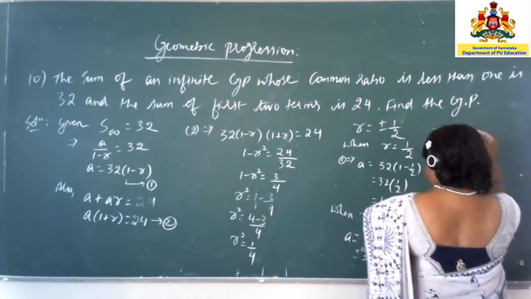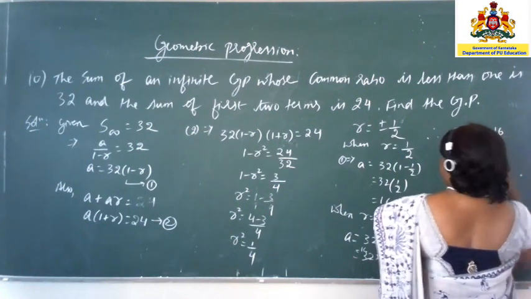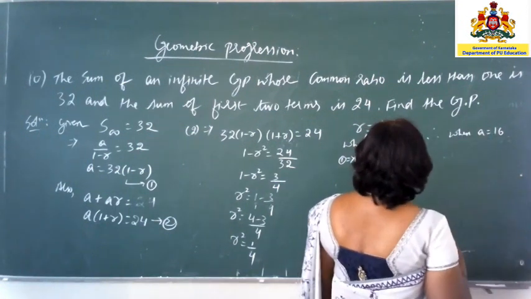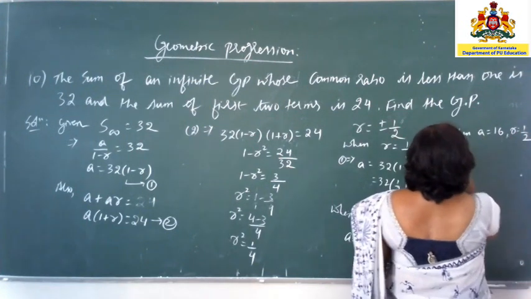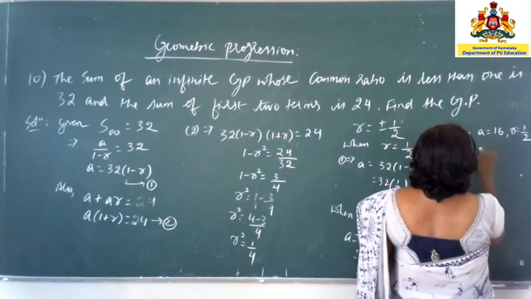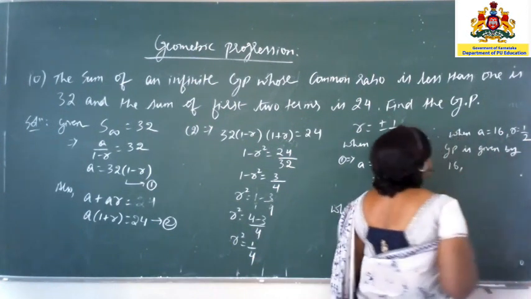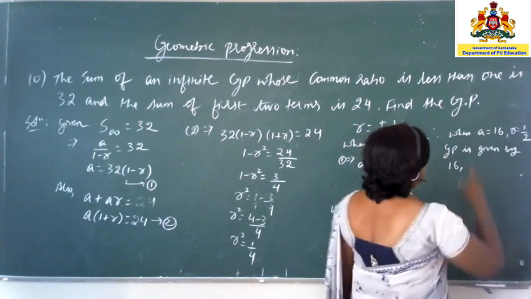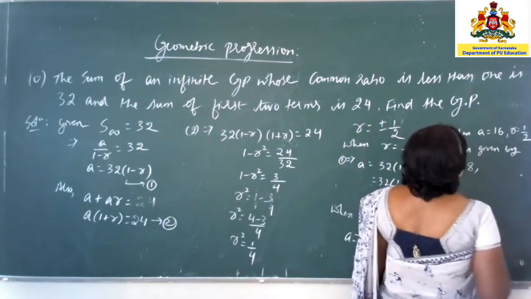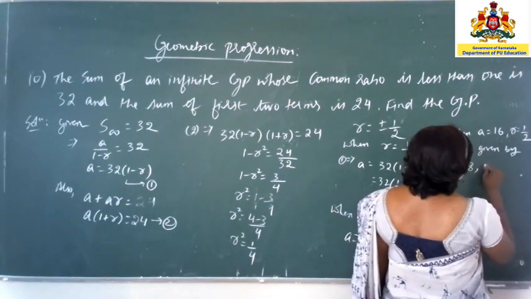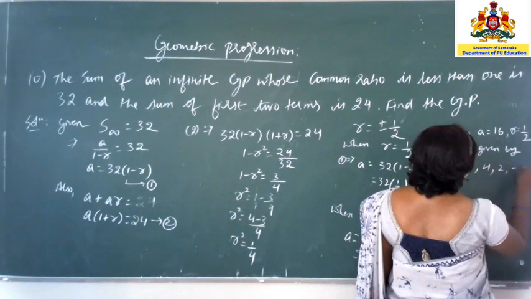So therefore, when A is equal to 16, R is equal to 1 by 2. GP is given by A, 16, then AR, 16 into 1 by 2, so 8, then 8 into 1 by 2, 4, then 4 into 1 by 2, 2, continuous.